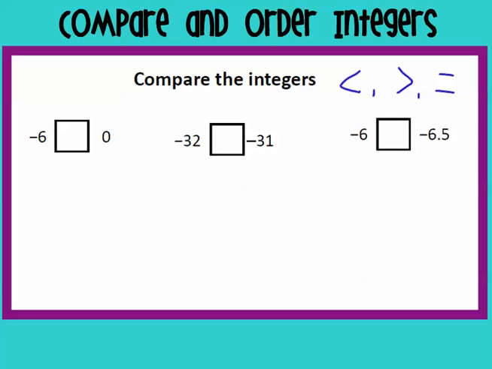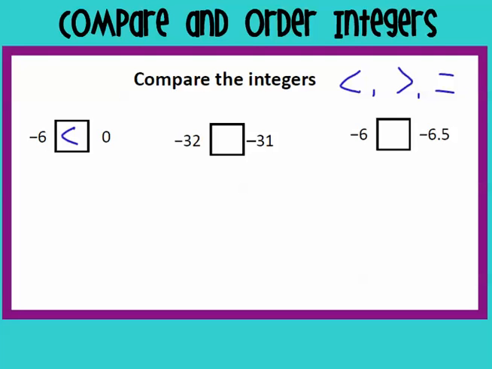Right away, if you think about the fact that going from left to right on the number line means that the negative numbers would come first when we list least to greatest, our -6 is going to be to the left of 0, so it is going to be less than 0. So we'll put this mark in where we are pointing to the smaller number, and if we read this statement, it says -6 is less than 0.